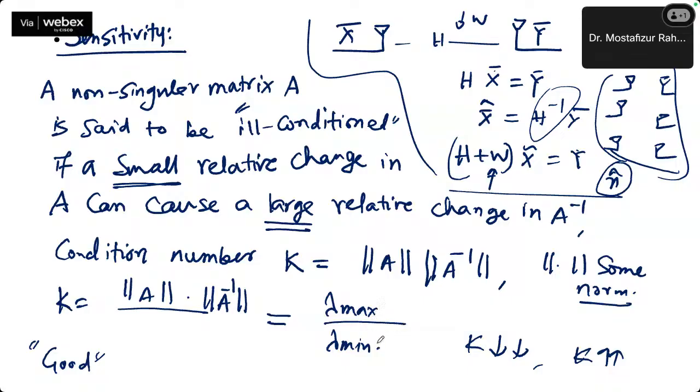If this variability is very high, say for example, in a country the rich person is very rich and the poor is very poor, that means the condition of the country is not that good. Similarly for a matrix, the difference between lambda max and lambda min should be as close as possible such that K is less, and if K is less, then even with a small tolerance in the system, you can still have a better solution, right? So it is related to a bigger term.